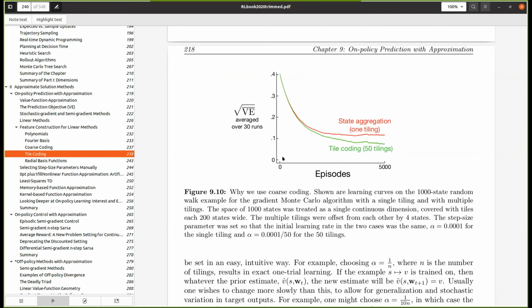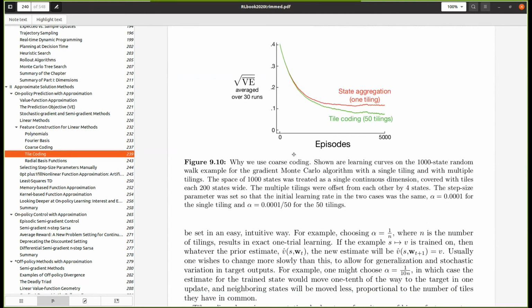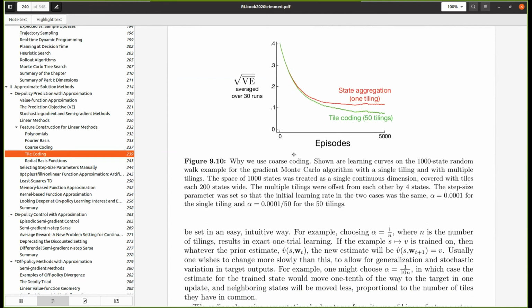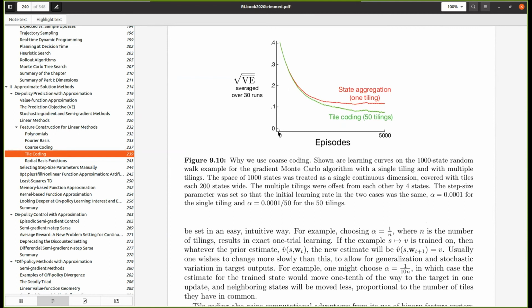In that figure we saw before for that random process, we had a state aggregation, and that can be viewed as a particular case of tiling when you have only one tile, with no overlap over tiles.